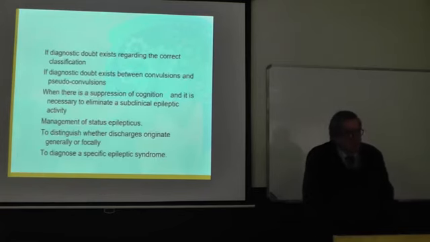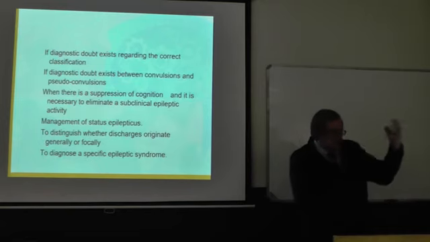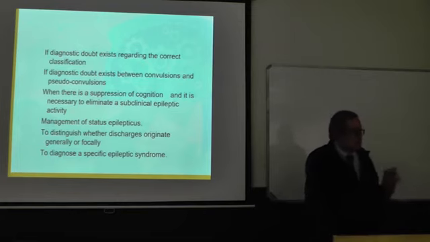So, when would you do an EEG? If you cannot sort out is this really epileptic seizures or maybe febrile convulsions, when is there a suppression of cognition? That means you give the child a task to see if this change in the EEG actually correlates with the impairment of consciousness. It can help in the management of status epilepticus, sometimes to diagnose a specific epilepsy syndrome.